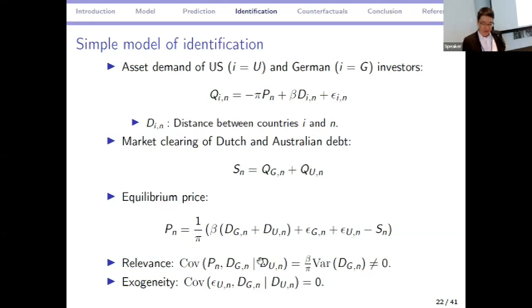But the instrument is the bilateral distance between German investors and the two respective markets. Okay, so the relevance condition in IV is I need something that's correlated with the price that doesn't depend on the demand of US investors directly. Well, the instrument in this case is the distance between German investors and those two markets.